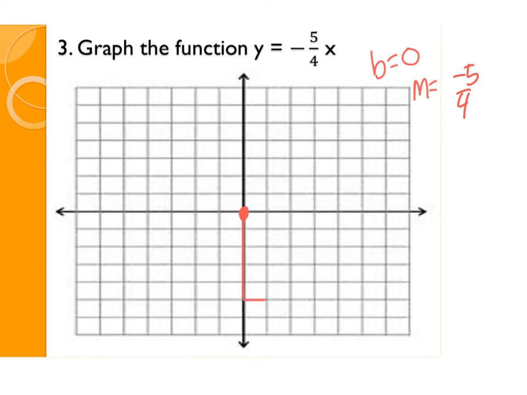Then to the right 4, 1, 2, 3, 4. Or you can do positive 5 over negative 4. So I can go up 5, 1, 2, 3, 4, 5, and to the left 4, 1, 2, 3, 4. There you go.